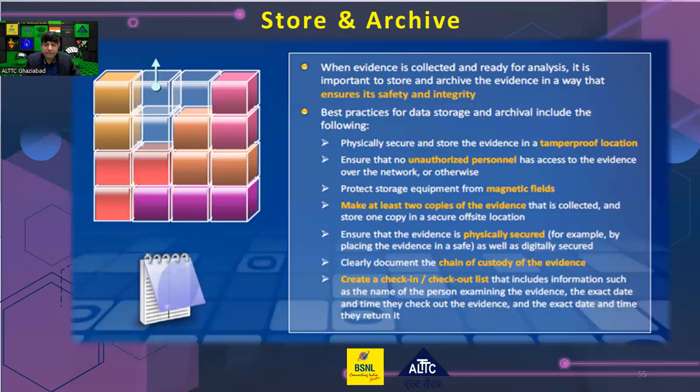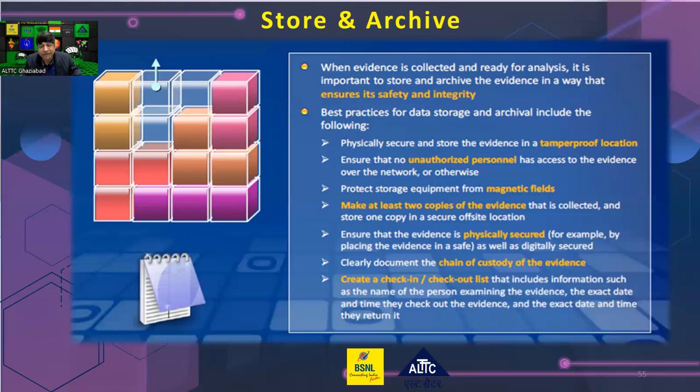Ensure that the evidence is physically secure, for example, by placing the evidence in a safe, as well as digitally secured. You can also use a camera at the physical location. Clearly document the chain of custody of the evidence.